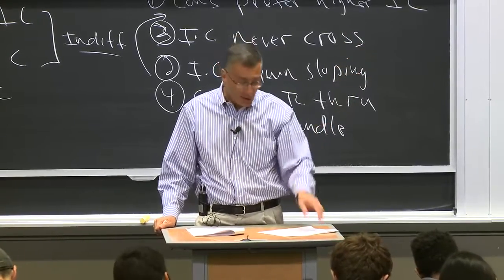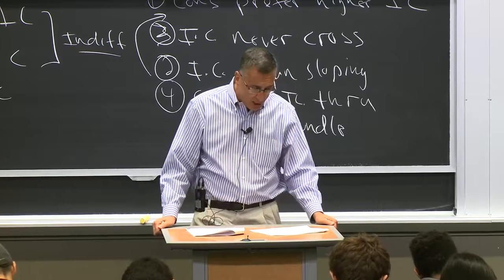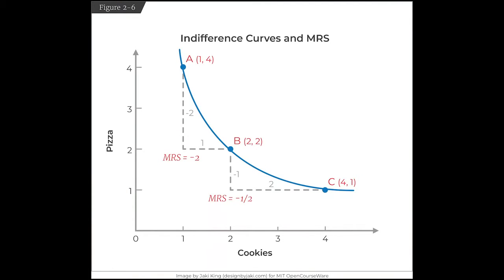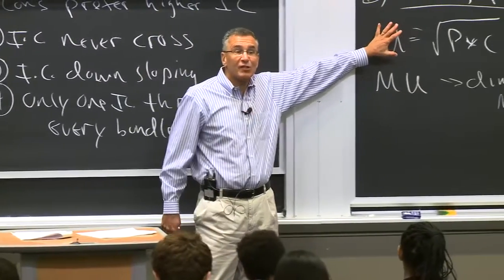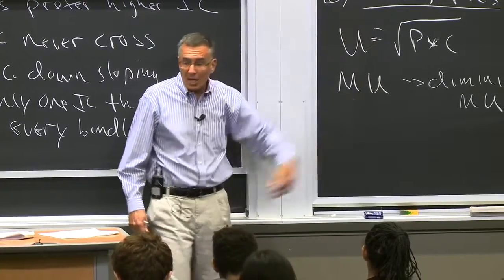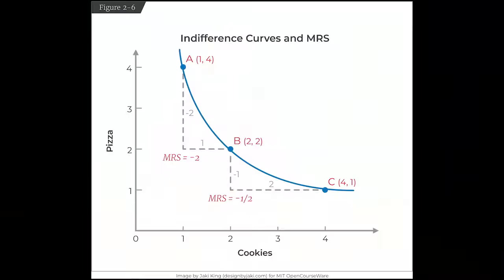Literally, the indifference curve tells you the rates you're willing to substitute. So in other words, if you look at figure 2.6, you say, I'm indifferent between point A and point B. One cookie and 4 slices of pizza is the same to me as 2 cookies and 2 slices of pizza. Why is it the same? Because they both give me utility square root of 4, right? Given this mathematical representation, you are indifferent between point A and point B. What's the arc slope between point A and point B?